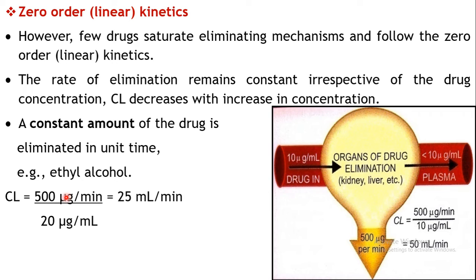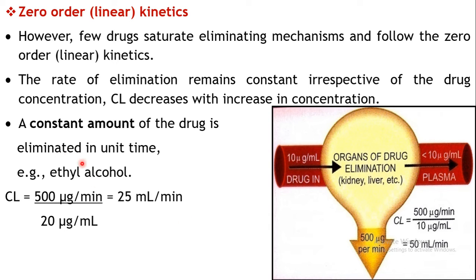So here what you can conclude is that a constant amount of drug is eliminated in unit time. Whatever the amount of drug present in your body, the rate of elimination will be the same. That is, every time only 500 micrograms of your drug will be removed from the body.